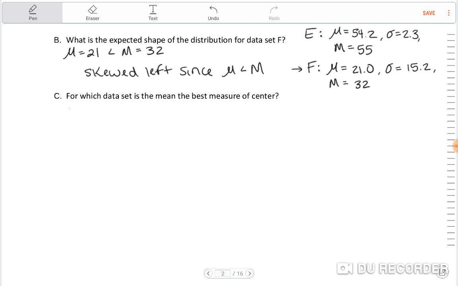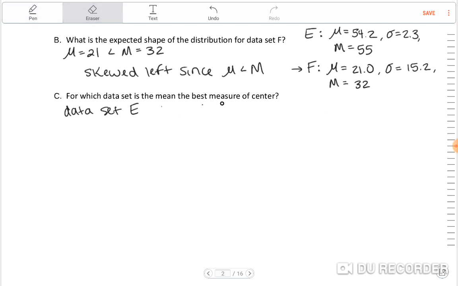So for data set E, since mean is equal to median, this means that, well, let me not write it that way. Let me say data set E, since it is symmetric, hold on.